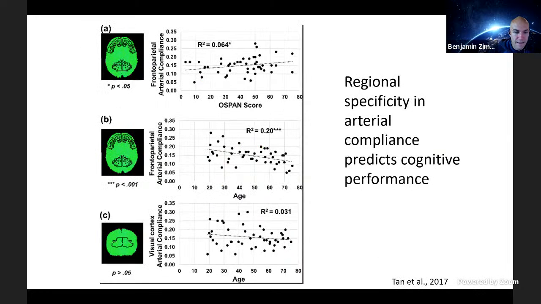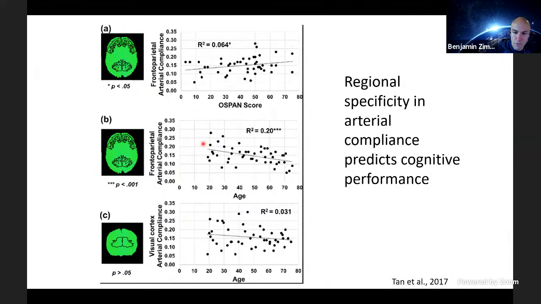And finally, I just want to point out that there seems to be regional specificity of arterial compliance in terms of predicting cognitive ability. For instance, starting in the middle here, if we look at the arterial compliance in the frontoparietal areas of the brain, so those are these areas that are outlined here, these areas are where we typically see more structural decline with age.